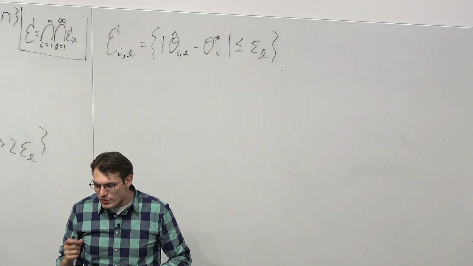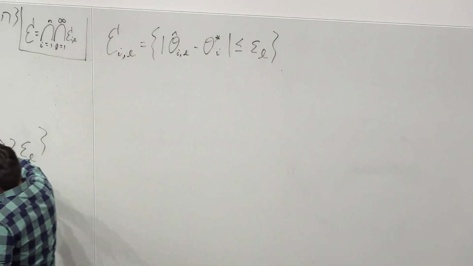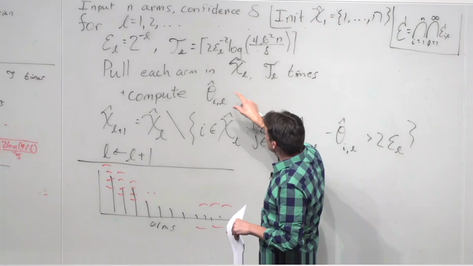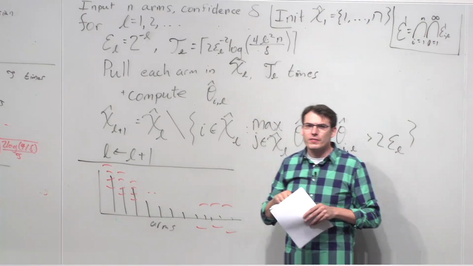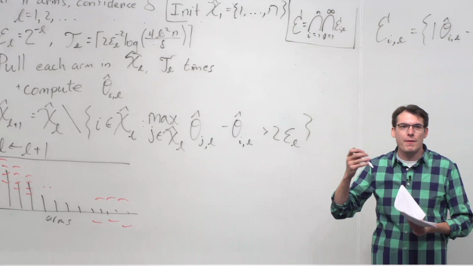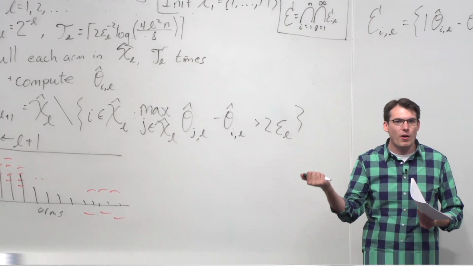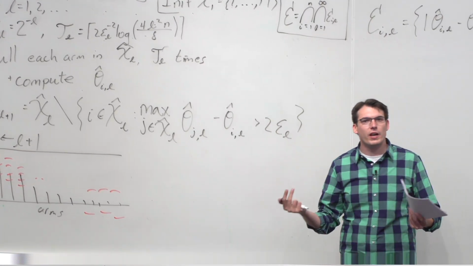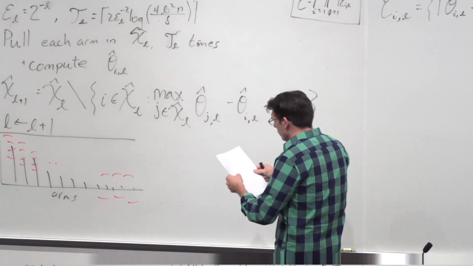Because even though this algorithm is going to be throwing things out, I can sort of hallucinate that no arm is ever thrown out, and ask what would have happened if arm I had survived to the Lth round and I want this confidence bound to hold.